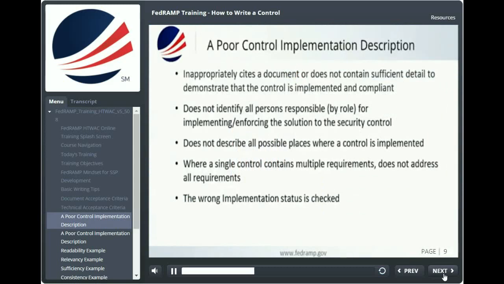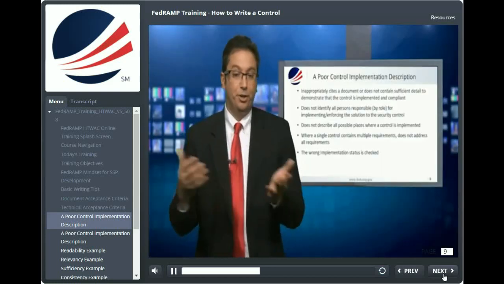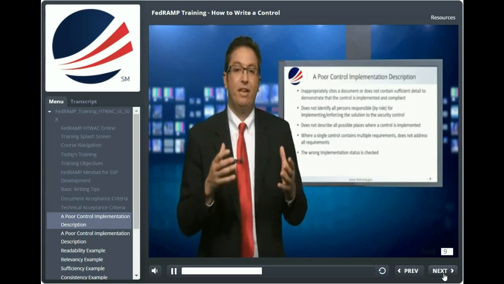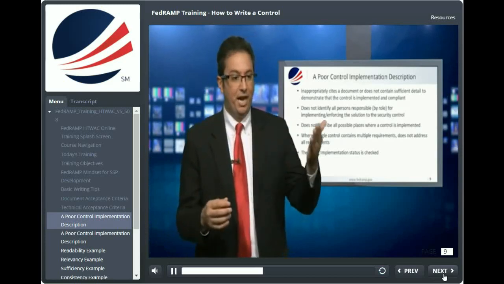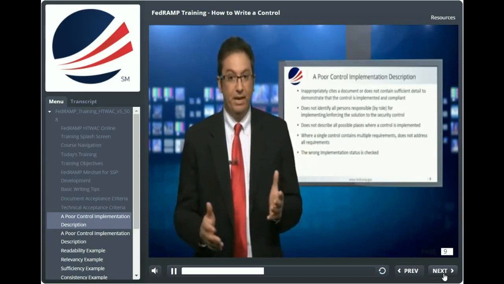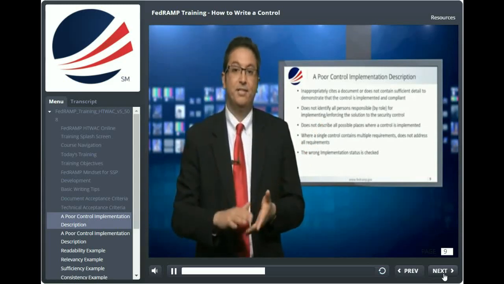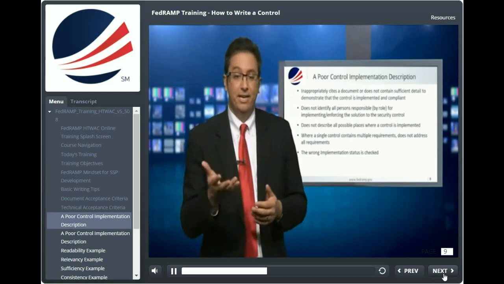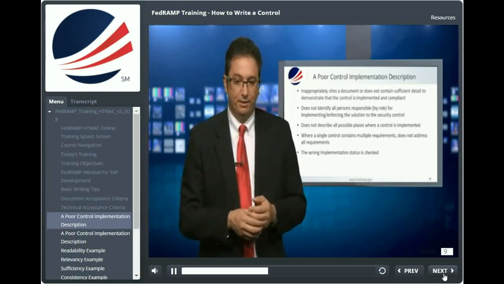Poor control descriptions also address single controls that contain multiple requirements, but you don't address the multiple requirements. Again, we want to see everything answered in its entirety. Each A, B, C, and D must be clear, concise, consistent, and complete, and also adhere to the technical documentation standards.